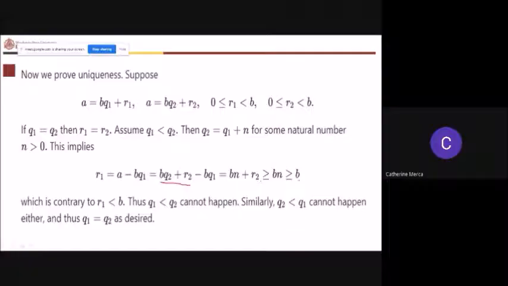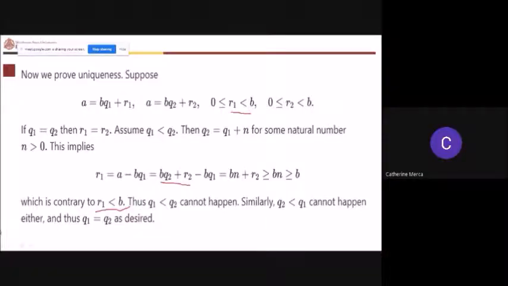But that is supposed to be greater than or equal to B times N, greater than or equal to B, which is contradictory to what we had assumed that R1 here is less than B. So Q1 less than Q2 cannot happen. So therefore, your Q1 equals Q2 as desired.